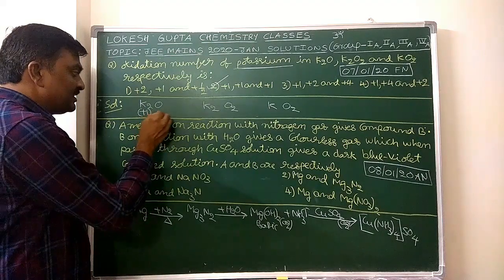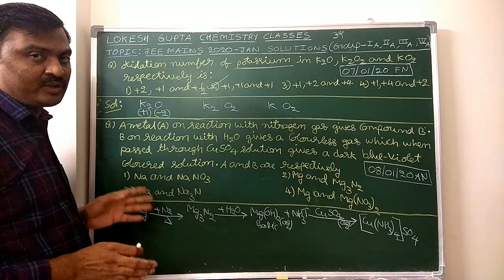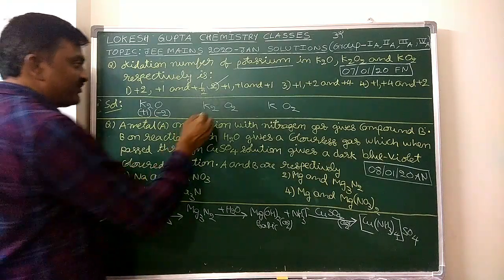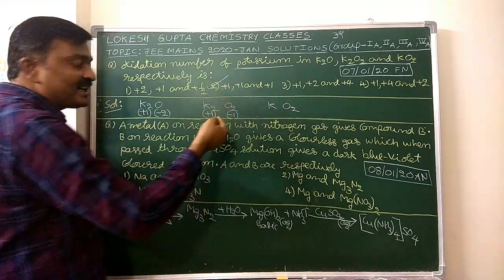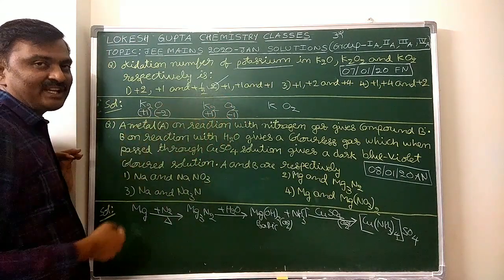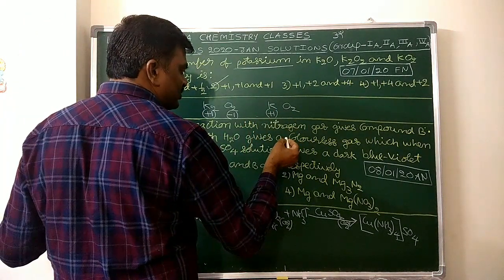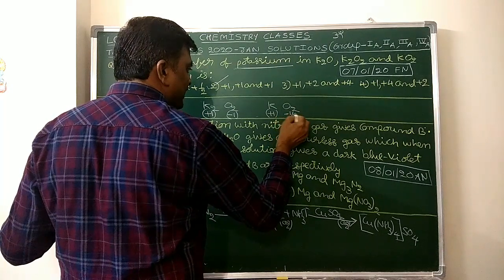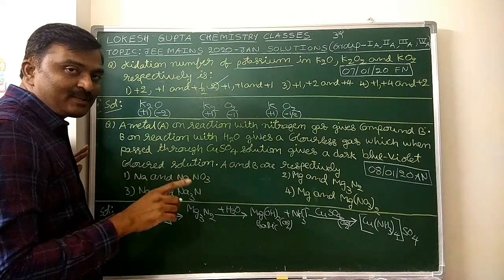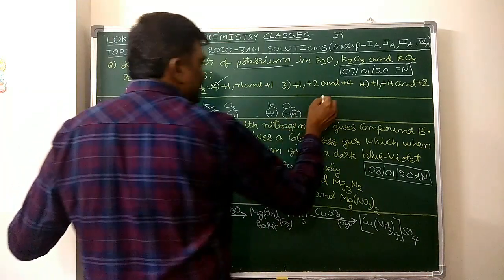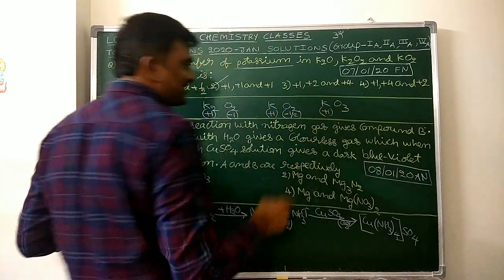Now based on that, oxygen oxidation number is -2, so it is the monoxide, potassium monoxide. Now potassium +1, here oxygen -1, so it is potassium peroxide. Potassium +1, total oxidation number should be 0. Here oxygen is -1/2, so it is not potassium dioxide. It is potassium superoxide. If you take KO3, it is not potassium trioxide.